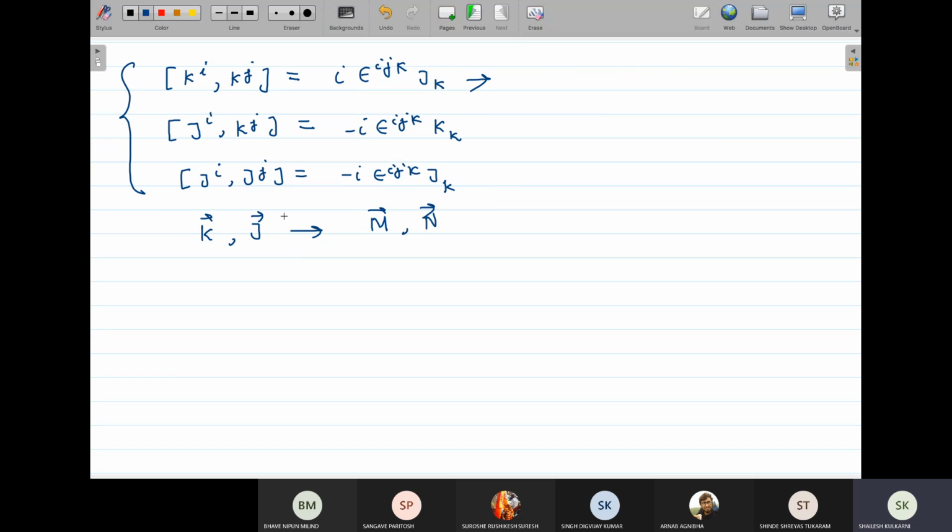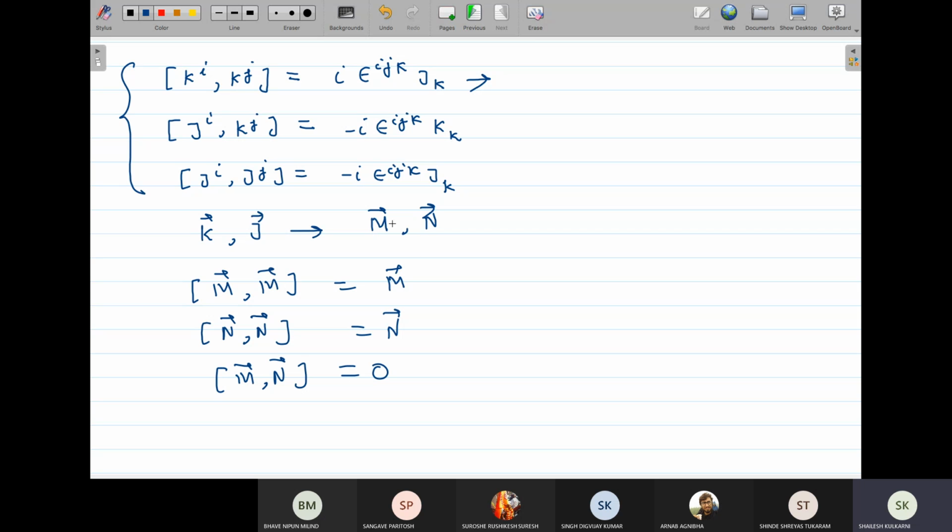I will construct two operators m and n related to the vector k and vector j in some way, such that if I take the commutation between m and m, I will get m, with some factor like epsilon. If I take the commutation between n and n, I will get n. But if I take the commutation between m and n, I will get 0.